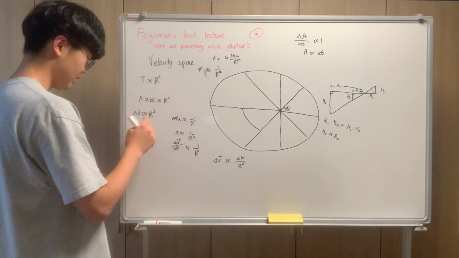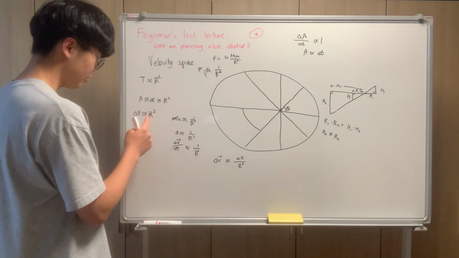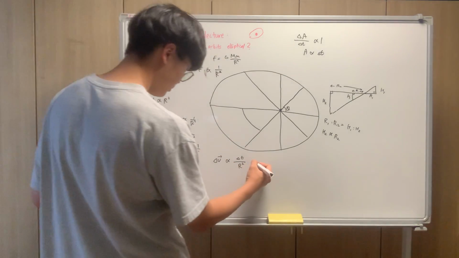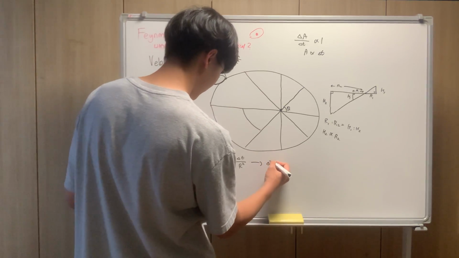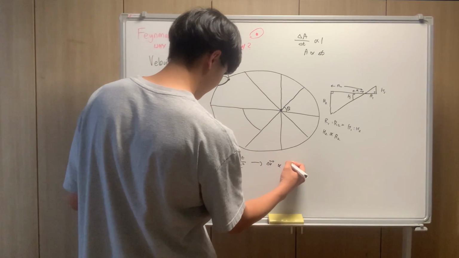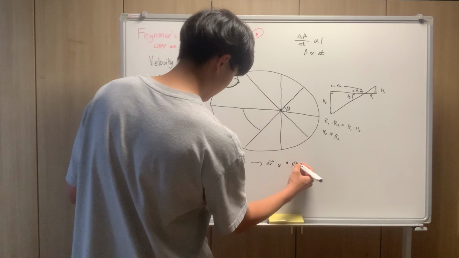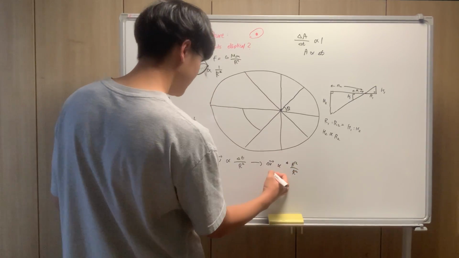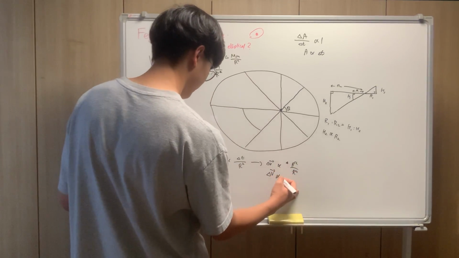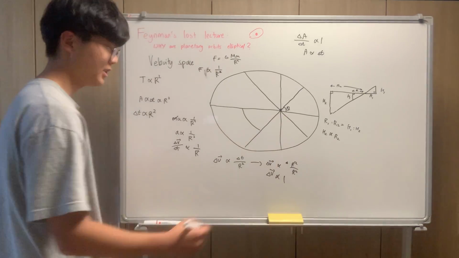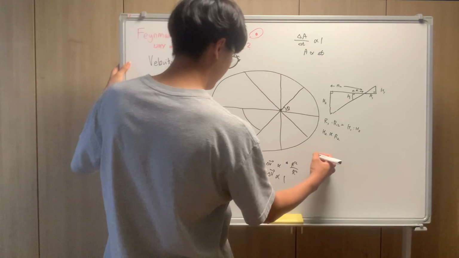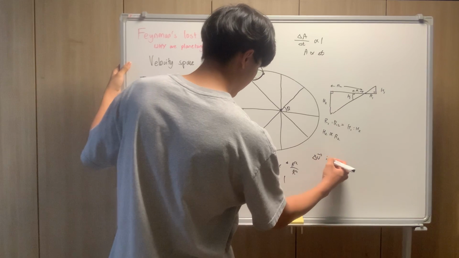So I'm just going to substitute r squared into this over here. And so we get the change in velocity is proportional to change in time, which is r squared over r squared, which means that change in velocity is proportional to 1, which means that change in velocity is a constant.